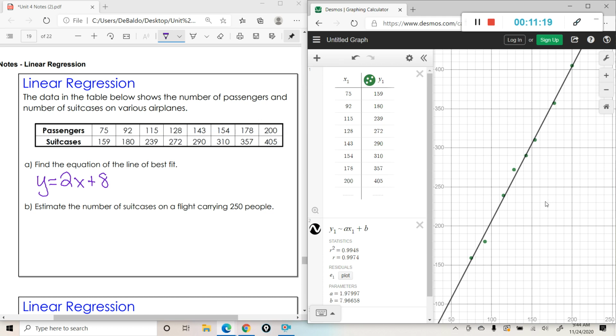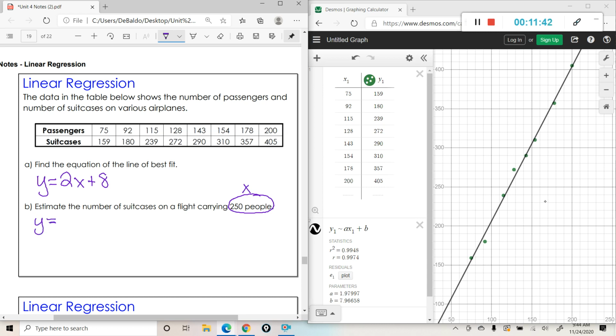Well, let's go ahead and use our equation here to predict that. First of all, we see that 250 people, remember that this represents the passengers, and the passengers represent X. So we're going to substitute 250 into the variable X and then solve for Y.